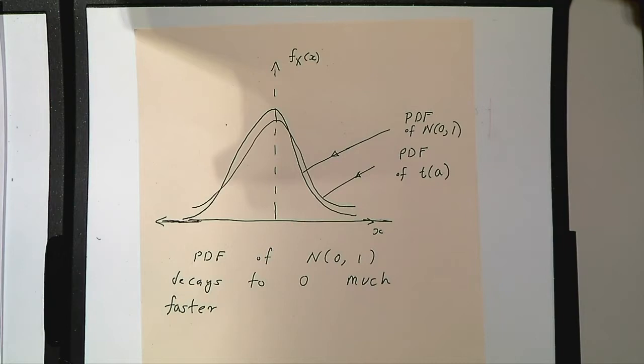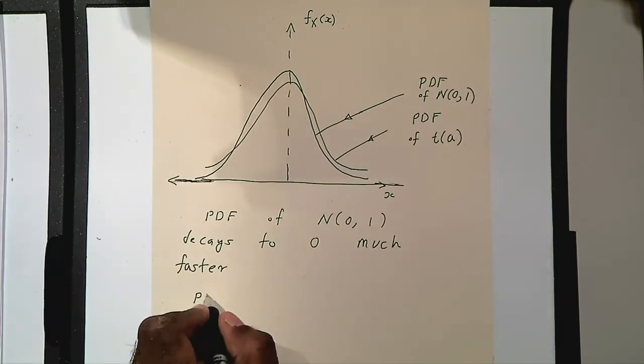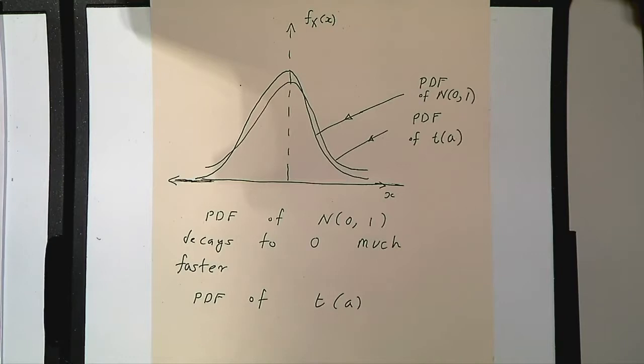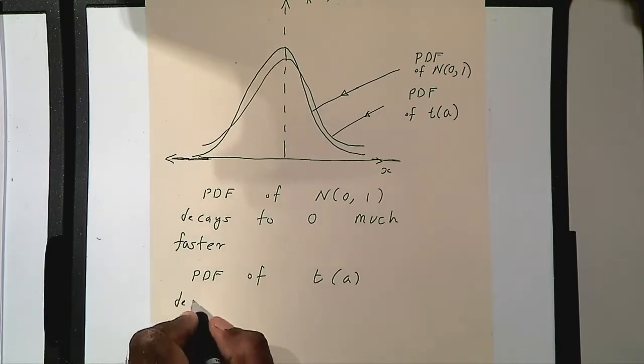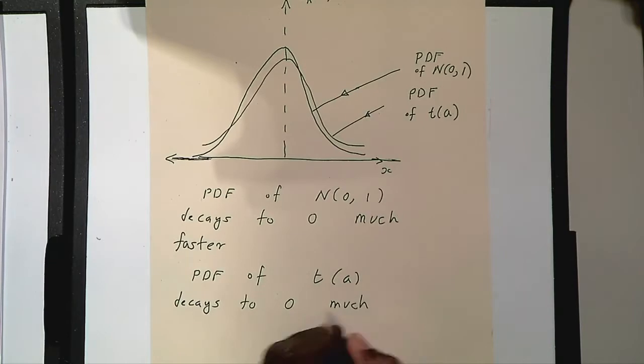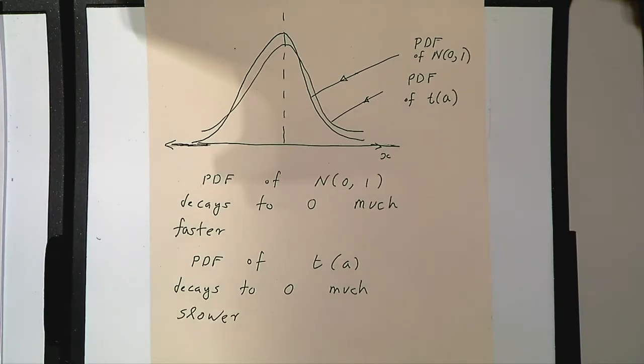That's the key difference. Apart from that, both of them look similar. The PDF of the t distribution decays to 0 much slower. So that's the key difference between the normal and the t distribution.